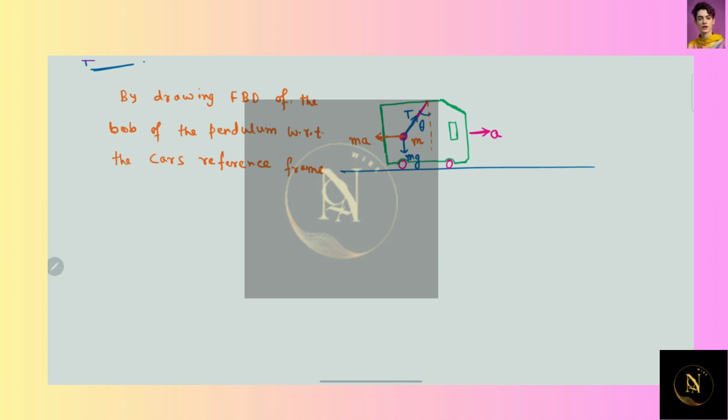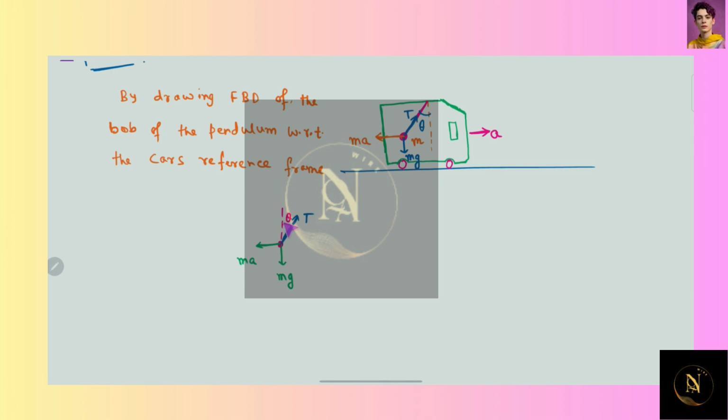Suppose this is the bob. On this bob, the downward force is mg, towards the left the ma force is acting, and the tension force is acting towards this side, in such a way that with respect to the vertical direction, this tension force is making an angle of theta.